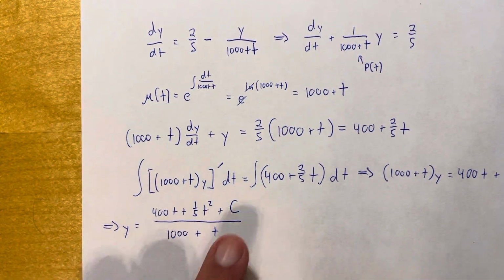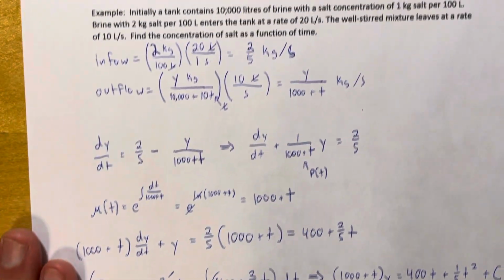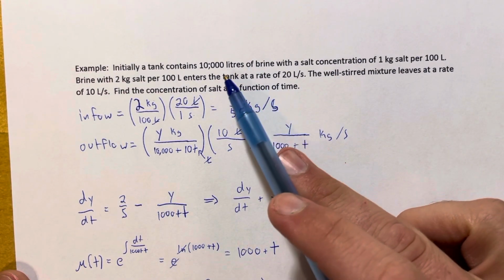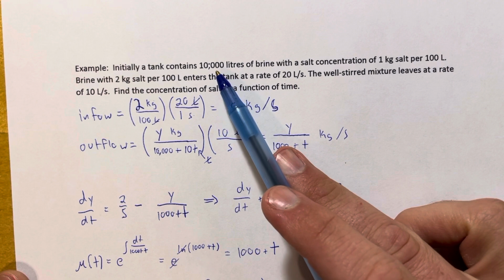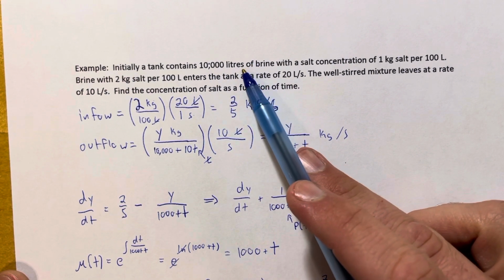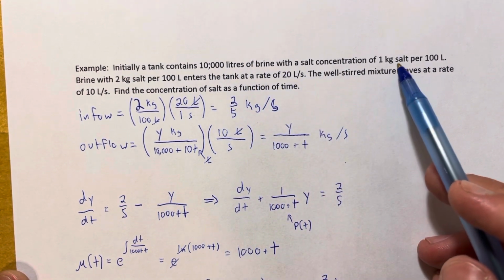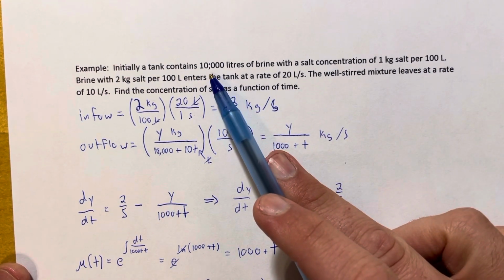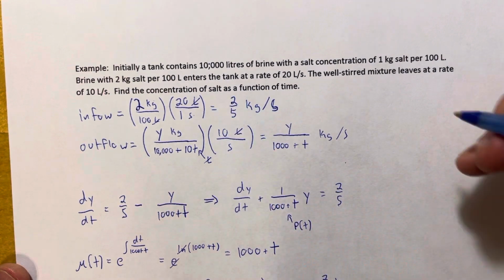Now we're not done because I need to know what c is. So coming back up here, is there an initial condition I can use? Well, it says that initially the tank contains 10,000 liters of brine with a salt concentration of 1 kilogram per 100 liters. I don't want to know how much brine there is. I only want to know how much salt there is initially.